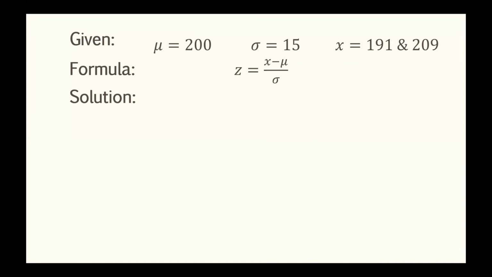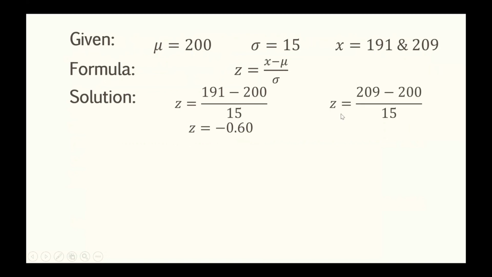What I mean is, we are going to get the z-scores using the raw scores, 191 and 209. For the first one, using 191 as the raw score, minus 200 for the mean, all over 15. Using your calculator, that is negative 0.60. The second raw score, we have 209.